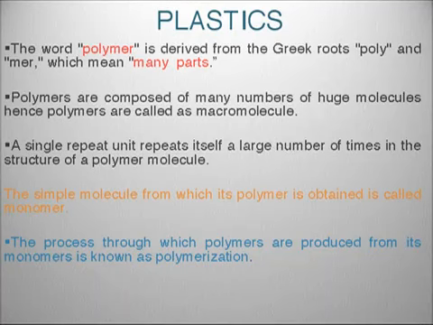The word polymer is derived from the Greek roots poly and mer, which means poly, many, mer, parts. So polymer is many parts. The process through which polymers are produced from its monomer is known as polymerization.